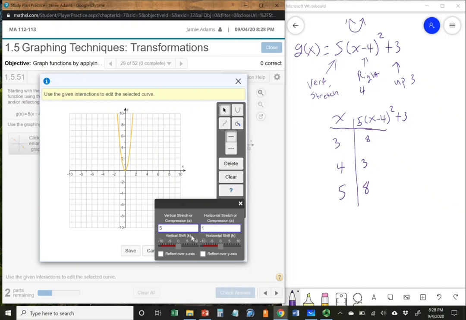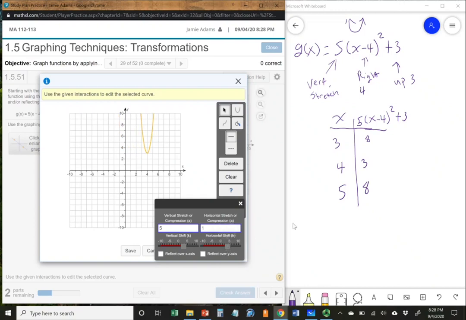I know that we don't have any reflections, vertical or horizontal. We don't have any horizontal stretches or compressions because we don't have a coefficient of x. We did shift it vertically, specifically we went up by 3. Then we have a horizontal shift and we went right 4.